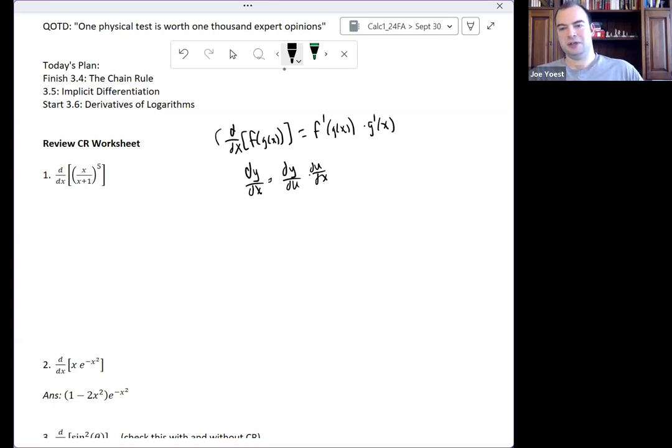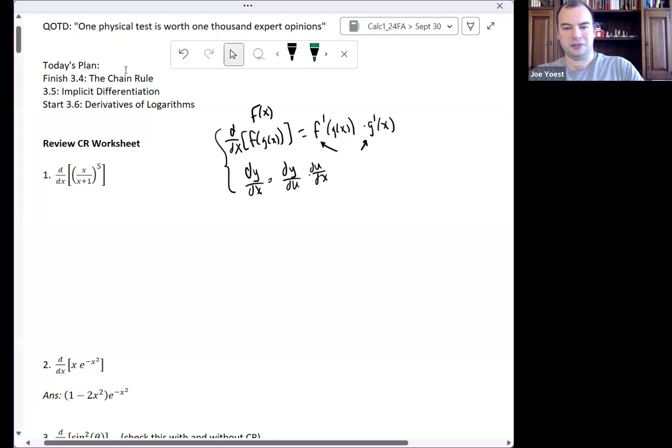Could phrase it either way, depending on what suits us best for that problem. So my goal is to take, say, a big f of x, a big composite function, break it into the composition of two smaller functions, so to speak, and not just to decompose it, but to decompose it in such a way that each of the two component functions is also easy to differentiate.